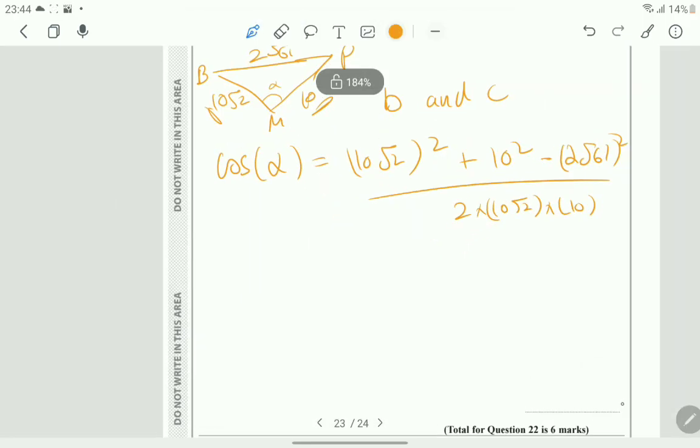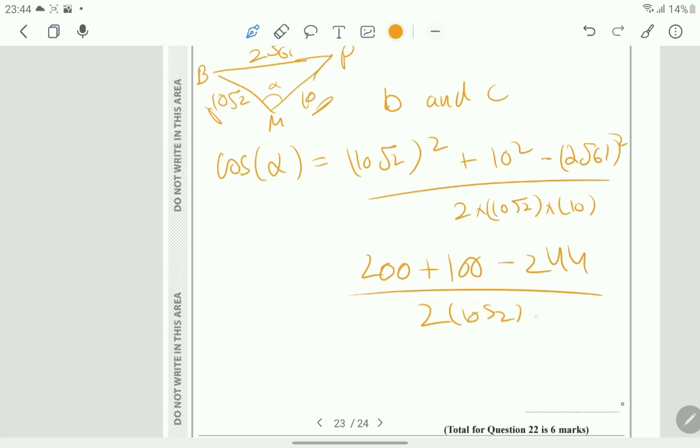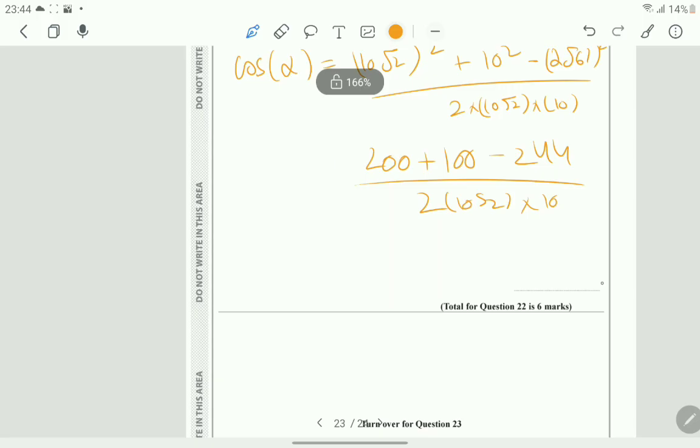And solving this, you get 200 plus 100 minus 244 over 2, 10 under root 2 into 10.